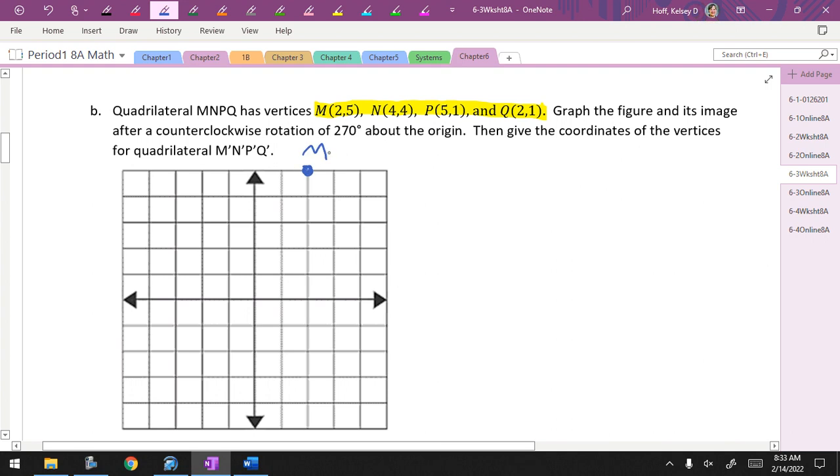Who can tell me how to get to N who has not answered for me yet today? Jack? So don't compare it to another one. Just tell me exactly where you're going on this one. 4, 4.